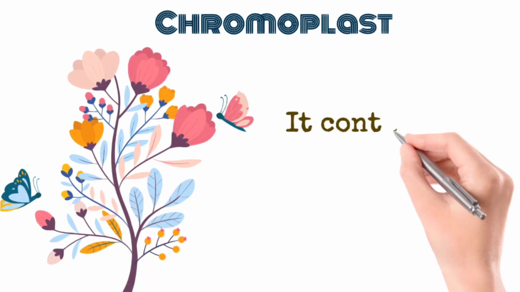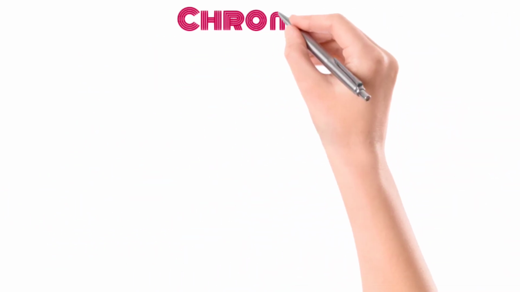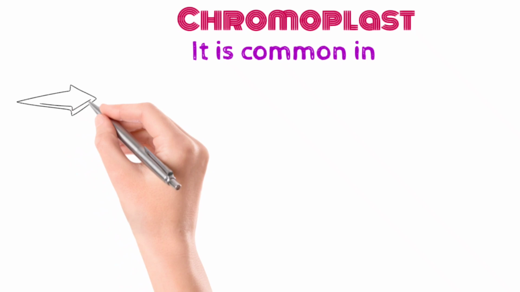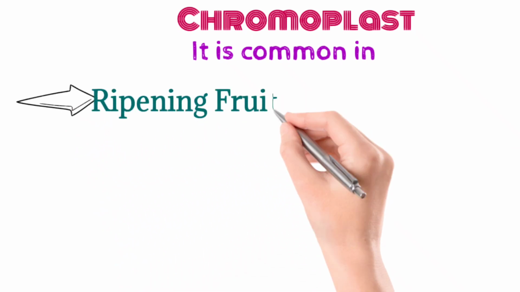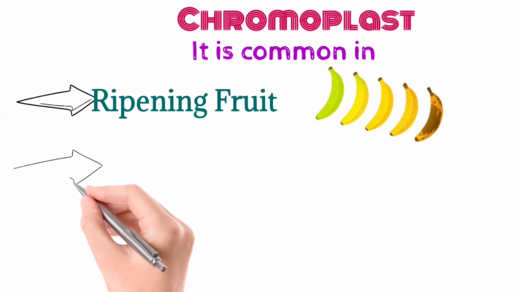Another one that is known as chromoplast. It contains red, orange and yellow pigments. The coloring in the plants and flowers is done by the chromoplast. We are discussing chromoplast. Chromoplast is mostly common in ripening fruits, like bananas.